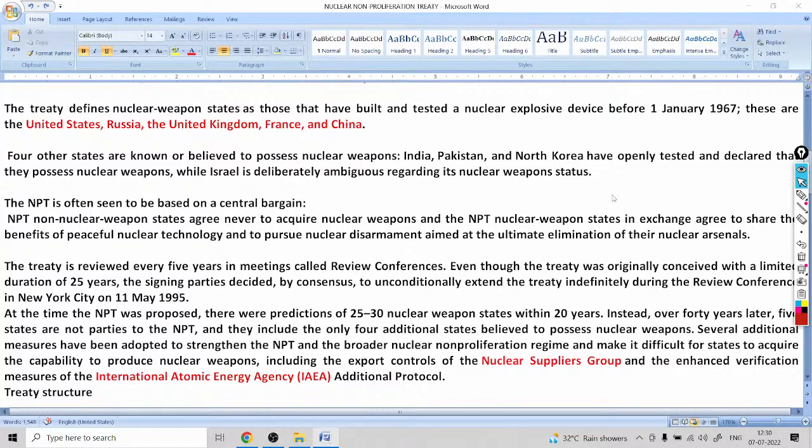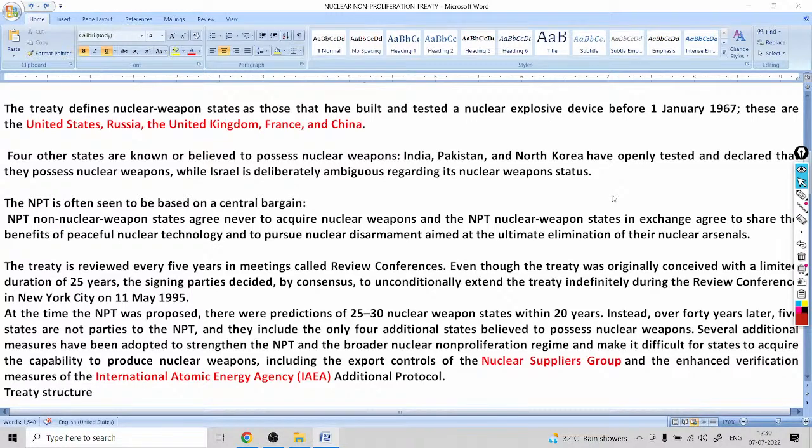So it is somehow believed by the global community that Israel also has nuclear weapons. Fine, but it has not come out with a very clear position on this. It does not make the global community much aware about these things.